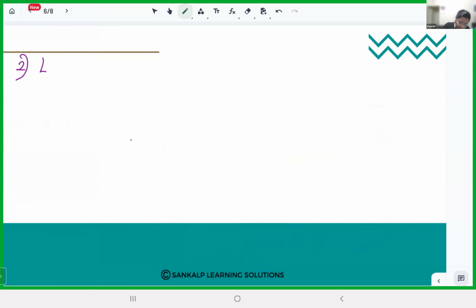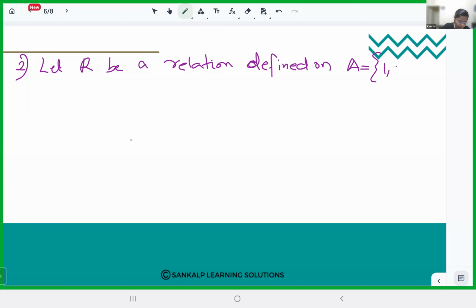Let R be a relation defined on A = {1, 2, 3} by R = {(1, 3), (3, 1), (2, 2)}.